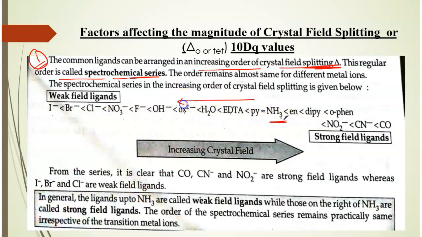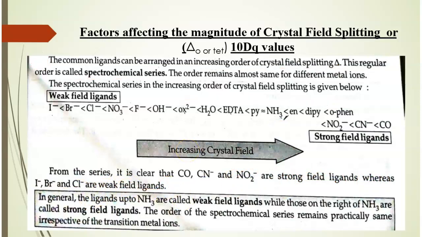Your halide ions and then these NO3, these oxalato ions, all of these are weak field ligands. While the ligands present to the right side of ammonia, ethylenediamine, then nitro, CN negative, CO, these all are very strong field ligands. Correct. So it is clear that CO, CN negative, NO2 negative are strong field ligands, whereas halide ions are weak field ligands. Correct.